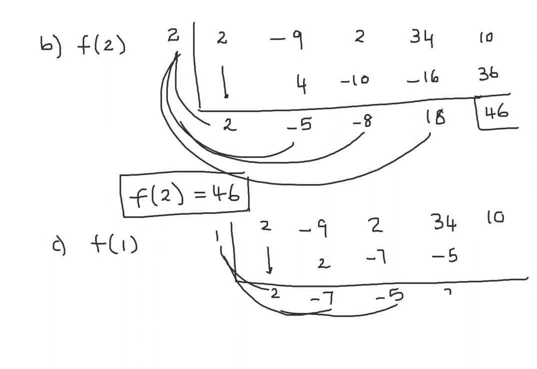So 29 times 1 is 29. So the answer is 39, which is the remainder. So that is going to be our answer. f of 1 is 39.